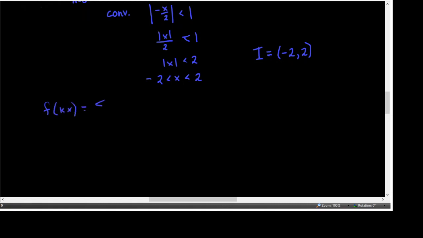So take the sigma declaration for f of x, and where the x is, replace it with kx. Just substitute it in. And then, a power on a product, you know that property is you distribute the power to each factor. So this will be a sub n times k to the nth times x to the nth.